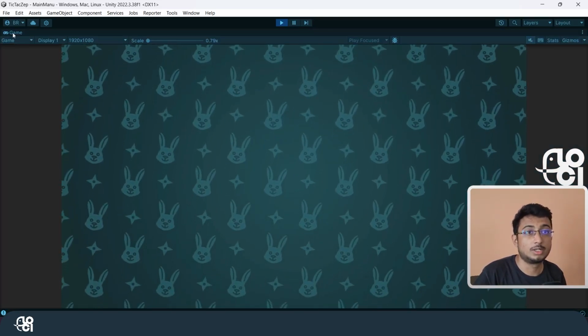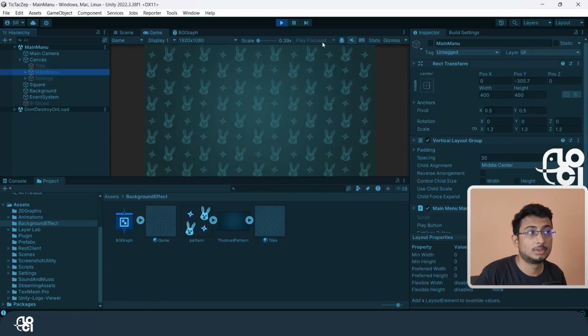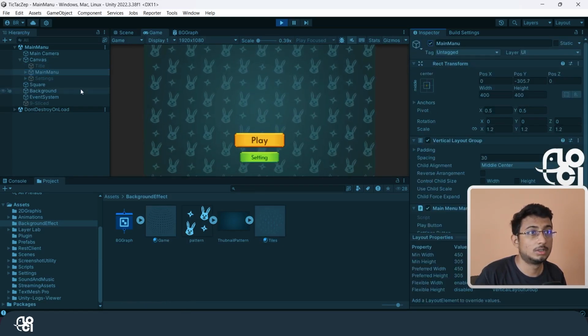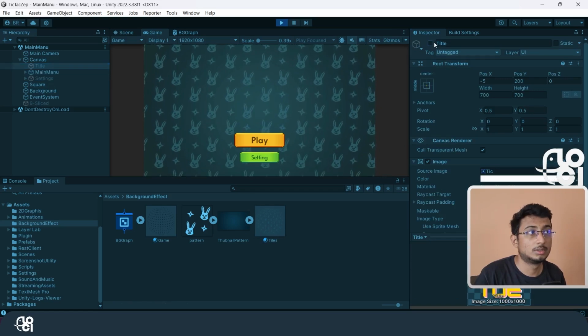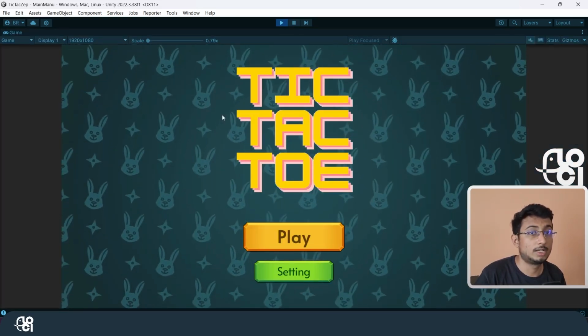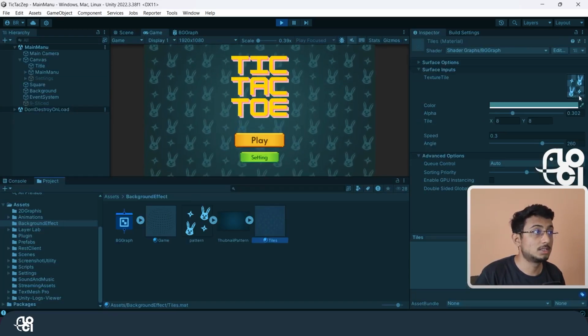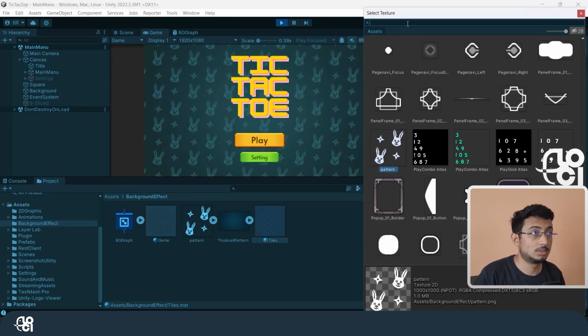So this is your scrolling background. You can put your front objects on it, and finally you have your scrolling background. You can also customize it.